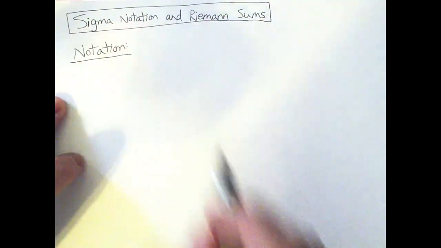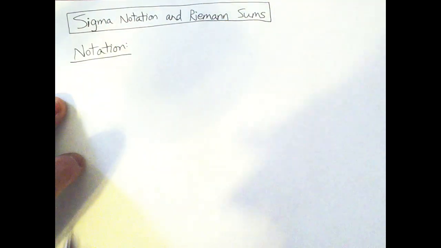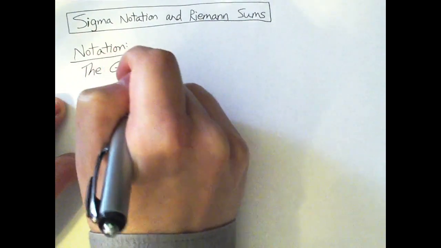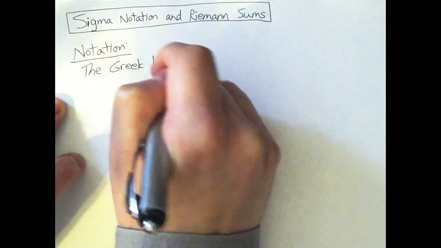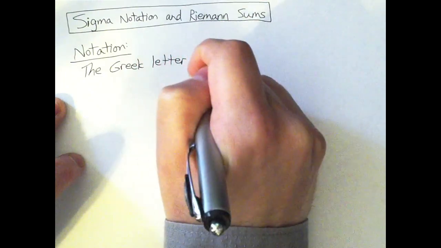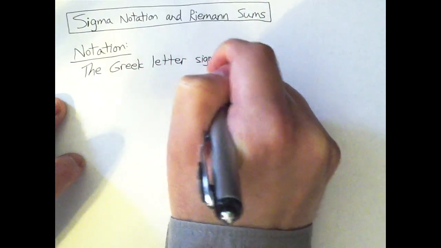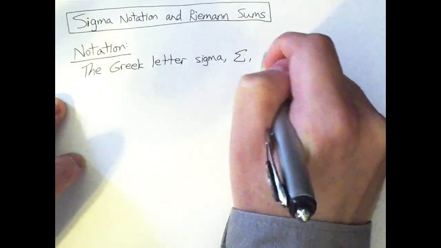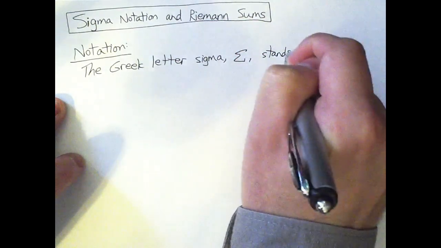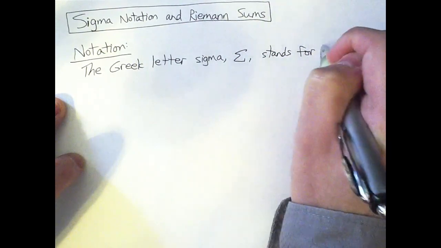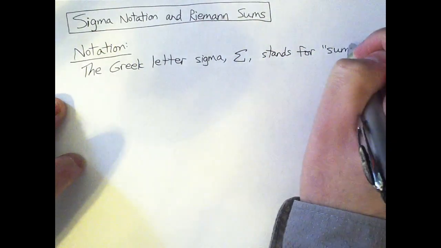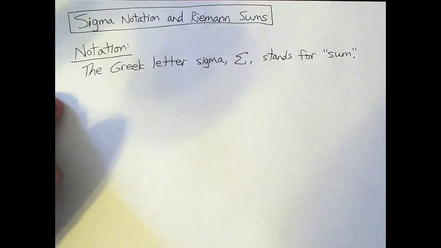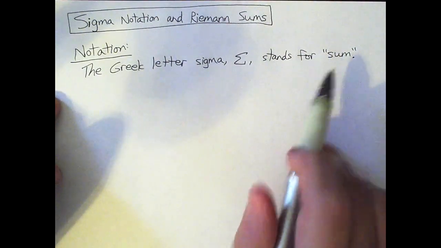It's possible you might have seen this before in an algebra class at some point. The Greek letter sigma, which looks like this, stands for sum. In the context that we're going to use it in, it's kind of an abbreviation for the word sum.